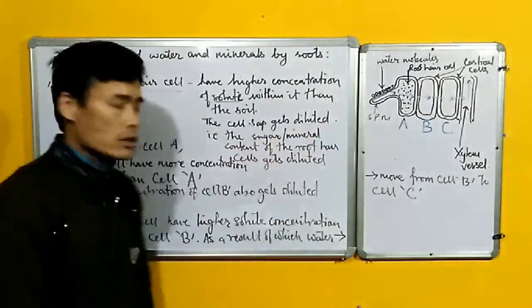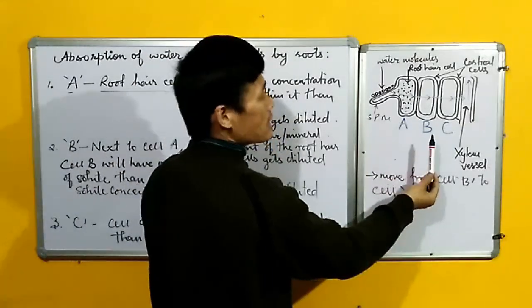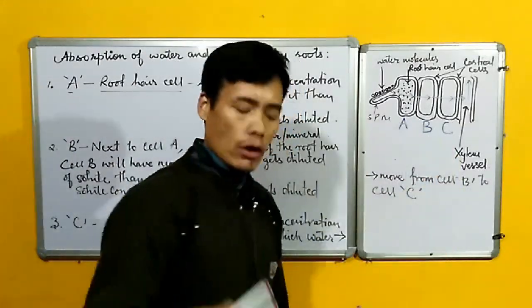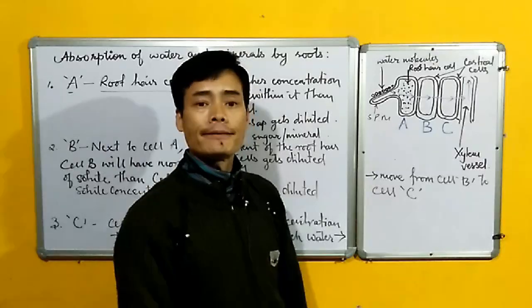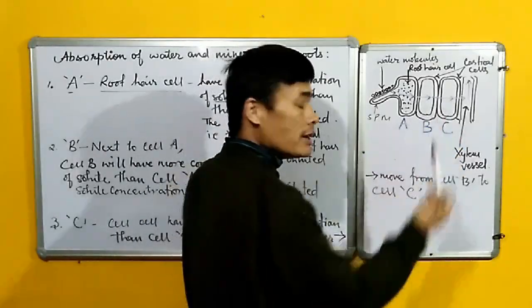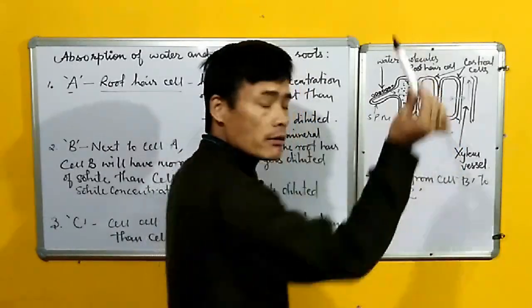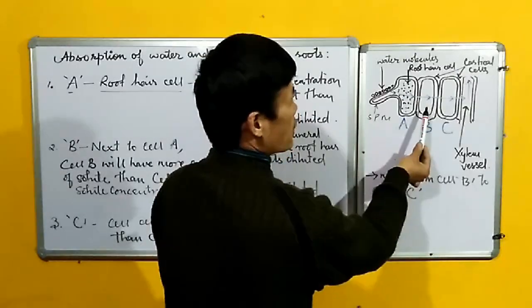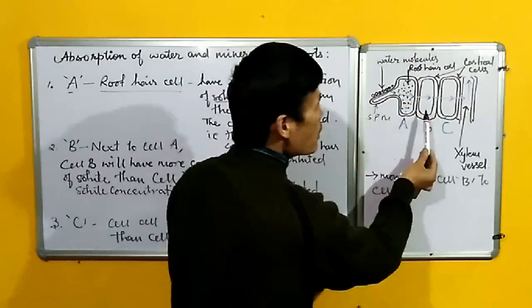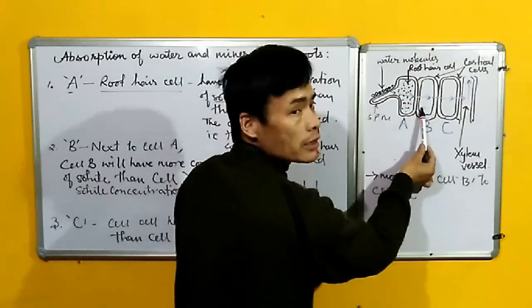And this process of movement of water from cell B to cell C is also osmosis, because the two cells are separated by a semi-permeable membrane, and the movement of the water molecule is from lower solute concentration.